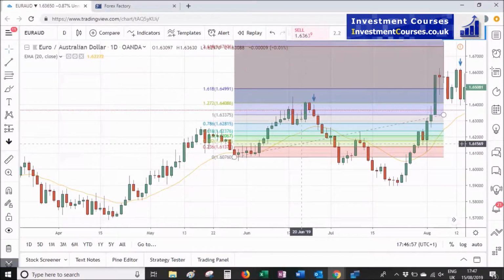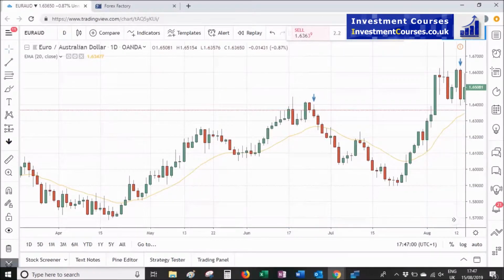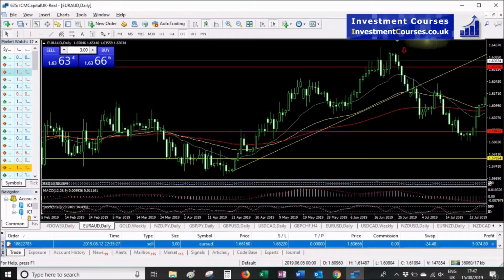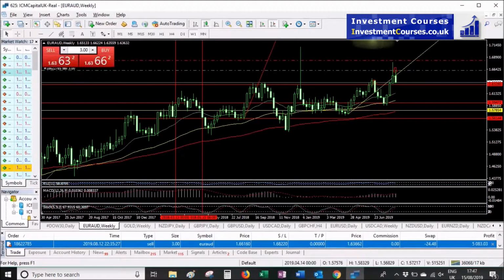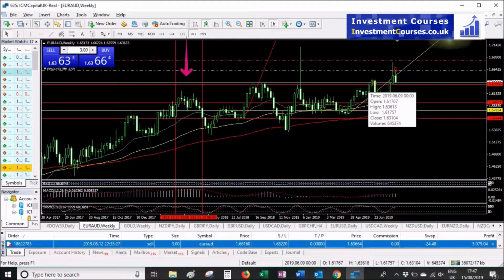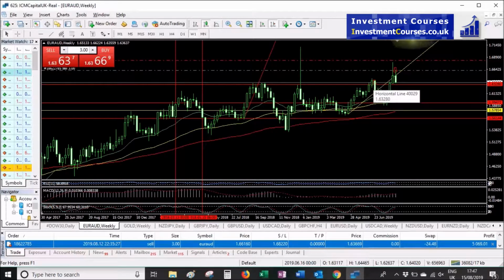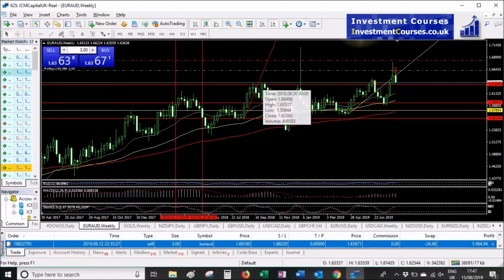Another signal is that this area is a very important area. Let me go to my trading platform again. I drew a red line here, and this red line shows that the market has never come above this band, this important range. On the 25th of June, in the previous days or weeks, price reached this level but then dropped, reached this level and then dropped, reached this level and then dropped.